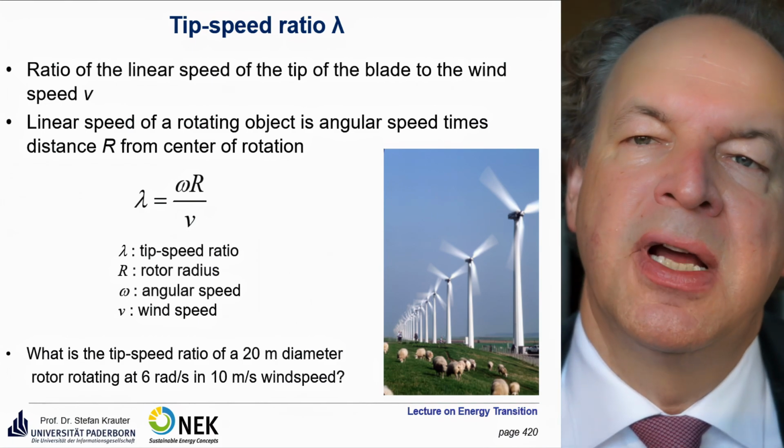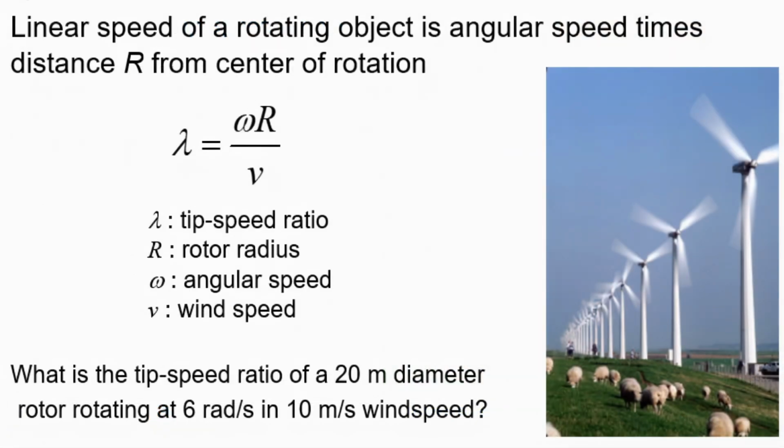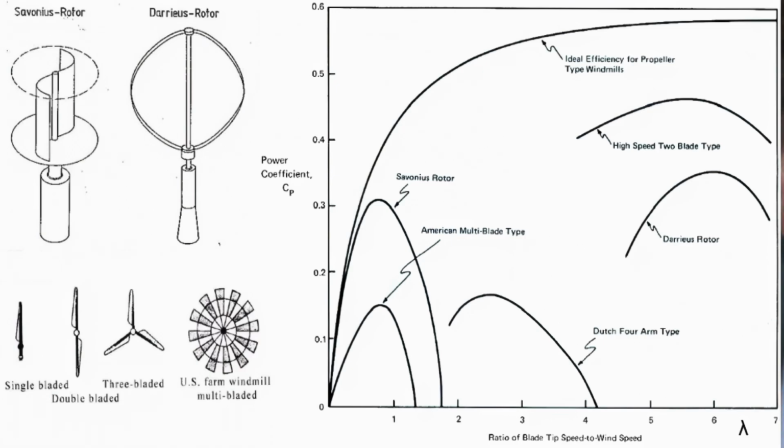So we have here the tip speed ratio is omega, small omega, the angular speed, times the rotor radius divided by the wind speed or wind velocity. Let's do a short calculation for that. What is the tip speed ratio of a 20 meters diameter rotor rotating at 6 per second at 10 meters per second of wind speed? It's homework for you, till the next lecture.